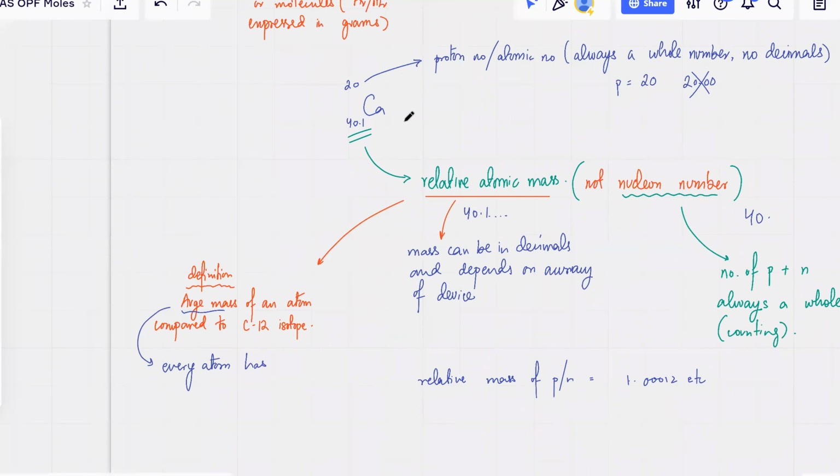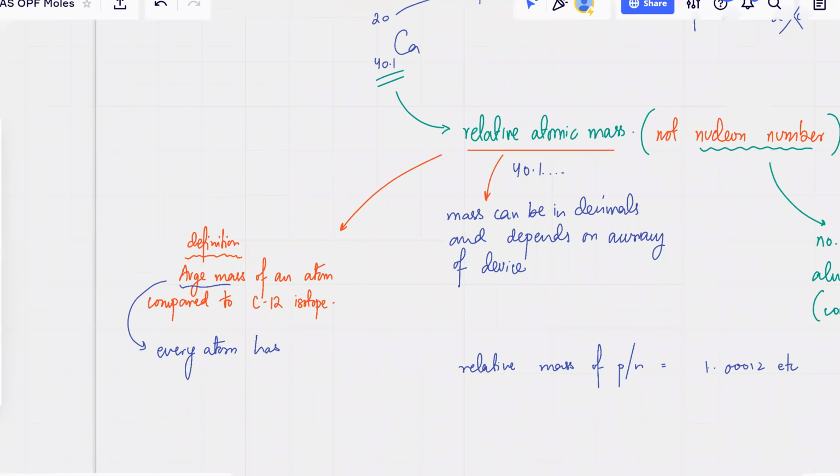And whenever you do averages, you automatically go into decimals. So averaging results in decimals as well.